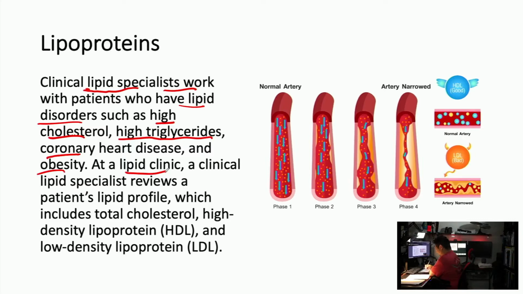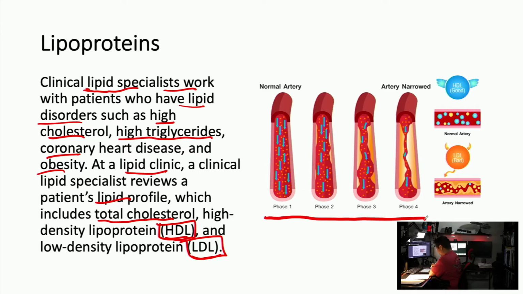They do tests and review the lipid profile of patients, and that includes the total cholesterol, the HDL and LDL, right? If you didn't already know this, HDL is actually good for you, LDL is bad for you. So here are the four phases of an artery being narrowed.